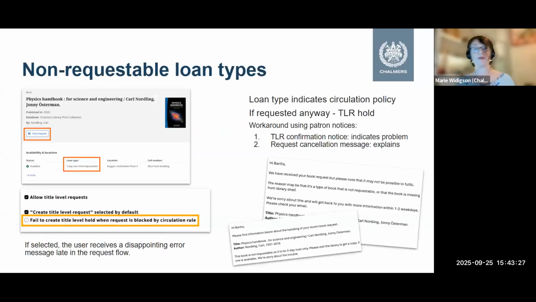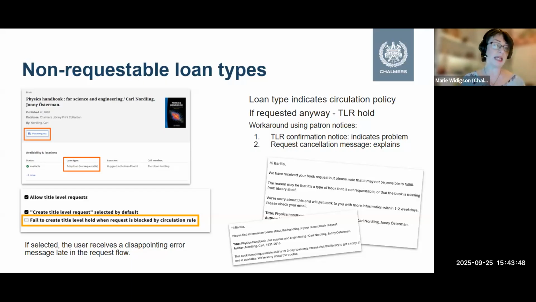This one is a trickier thing, the non-requestable loan types, because that's, of course, a circulation policy thing. So here, the place request button is always visible. We try to indicate by the loan type that it's not requestable, but the patron can do it anyway.